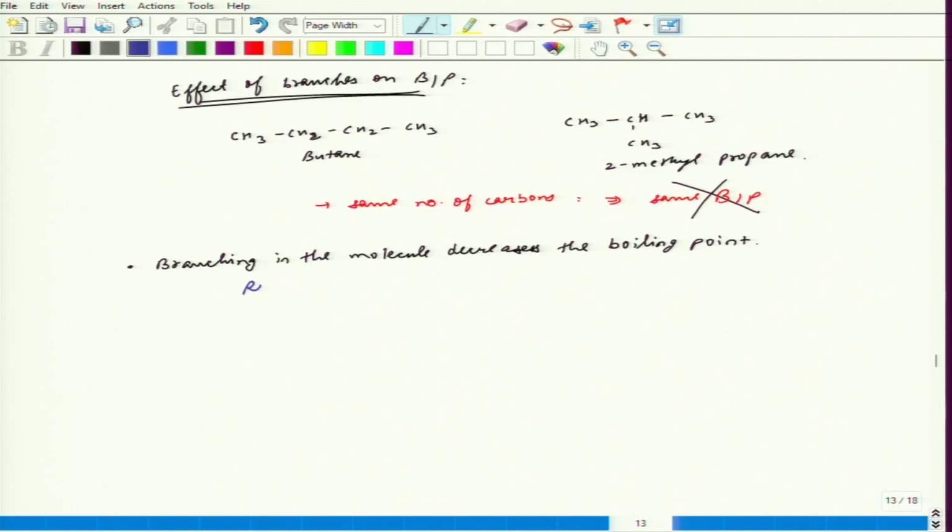The reason is again the same: it decreases the strength of van der Waals forces.